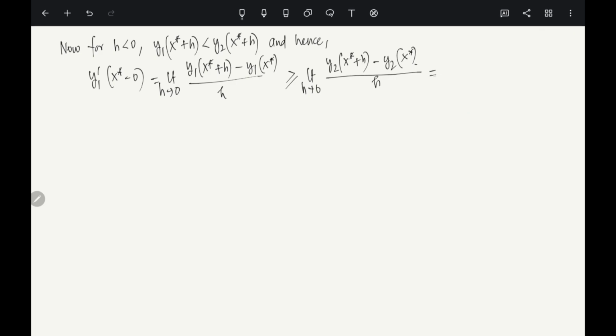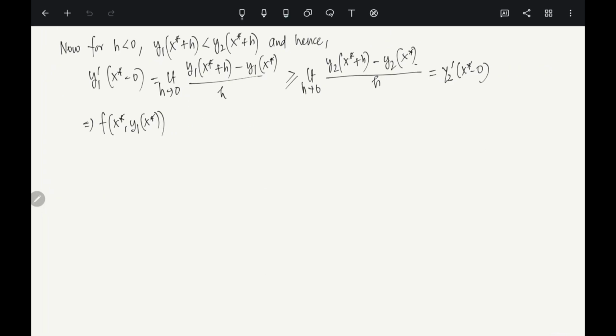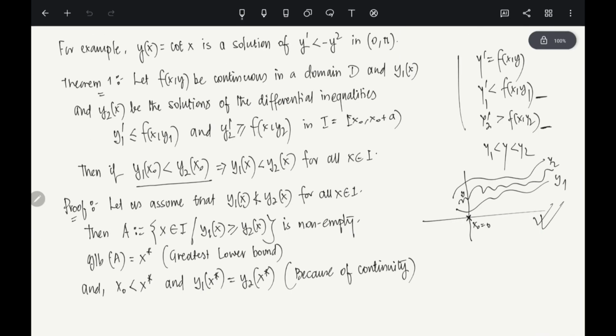Okay, so now what is it? This is nothing but y2 prime at x star minus 0, right? So what is y1 prime at x star? It is nothing but f of x star, y1 of x star, right? See, y1 prime is dominated by f of x, y1, and y2 prime dominates f of x, y2.